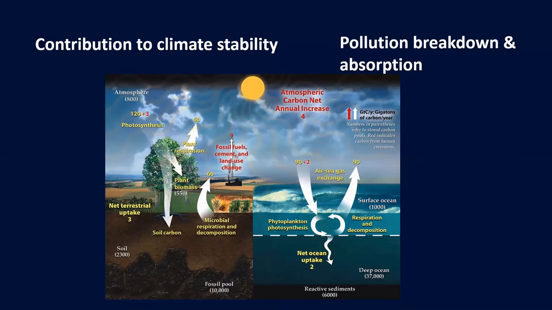But if we cut down forests or remove grasslands, this will result in a higher concentration of carbon dioxide in the Earth's atmosphere. That will eventually lead to climate change and global warming. So the next important value of biodiversity is pollution breakdown or pollution absorption.